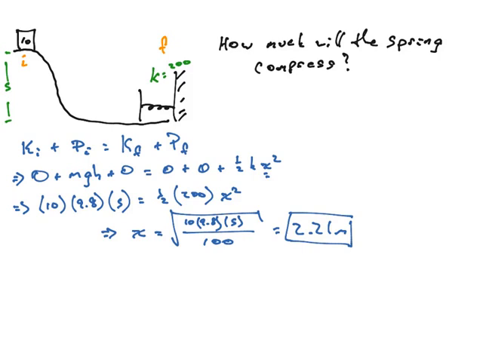So let me do one more, just to show that there can be different types of stories. So far, almost everything has been you slide down a hill or up a hill or something. Well, let me do one with a different story. Let's say you have a spring-loaded gun.